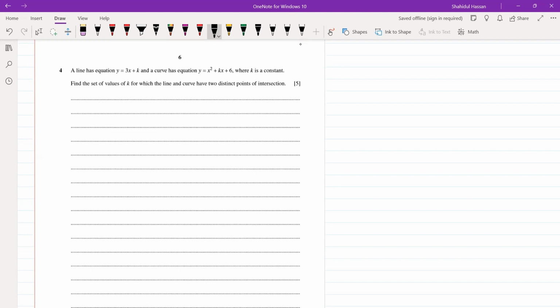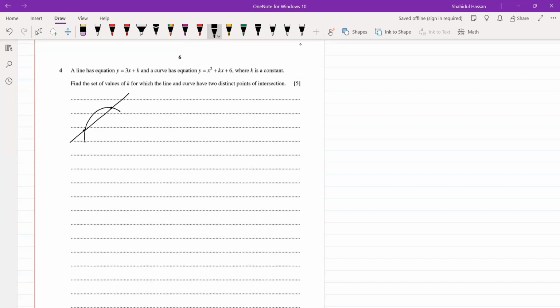A line has an equation and a curve has an equation. Find the set of values of k for which the line and curve have two distinct points of intersection. So I have the line here and I have the curve here. They intersect at 2 points.